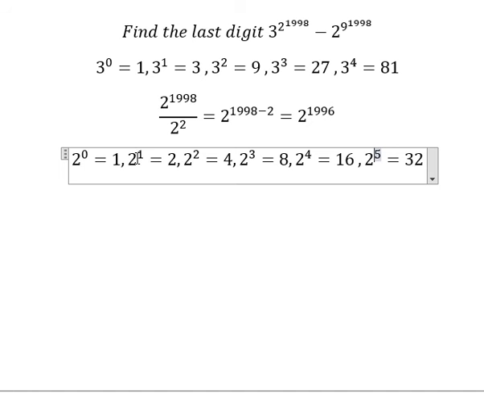So if we look at the odd powers, 1 we have number 2, 3 we have number 8, 5 we have number 2 again.